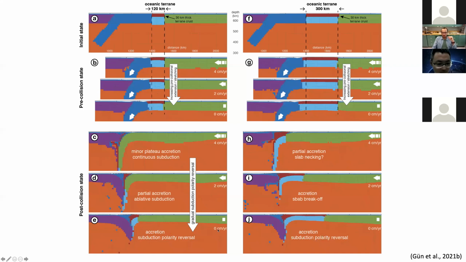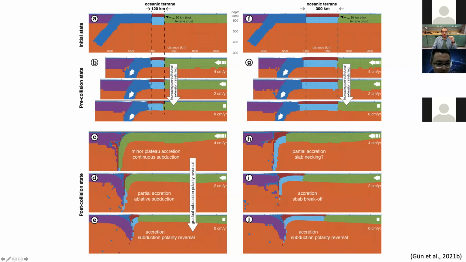And now we are decreasing the impulse convergence velocity. And again, this is interesting too. So now instead of ablative subduction, we see a subduction polarity reversal. This microcontinent collides with the overriding plate, but there is no impulse convergence velocity.